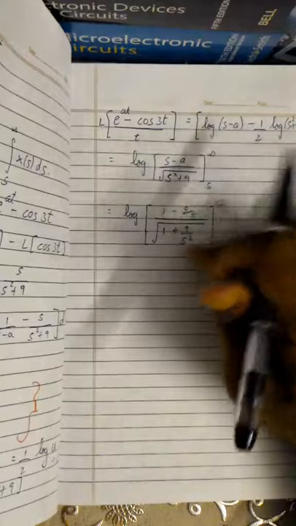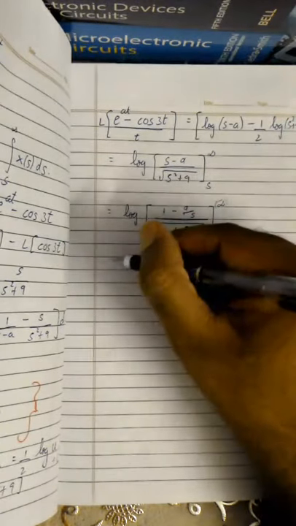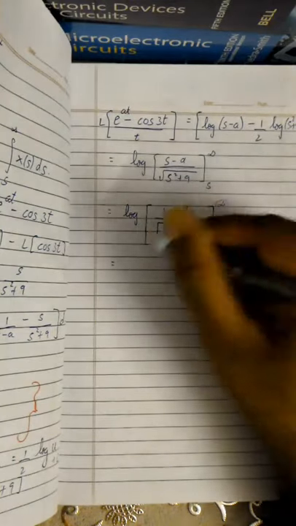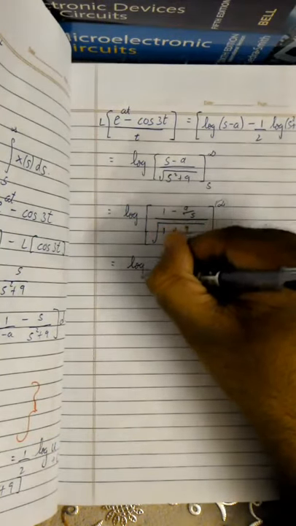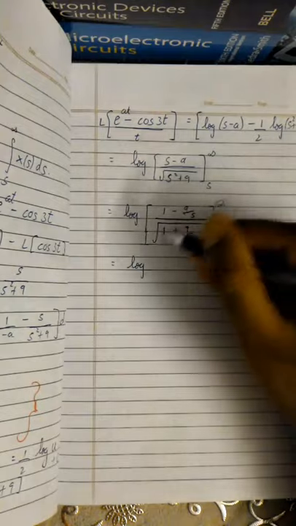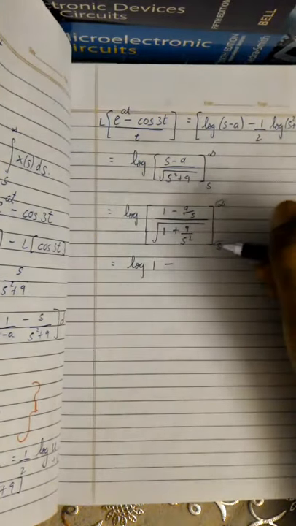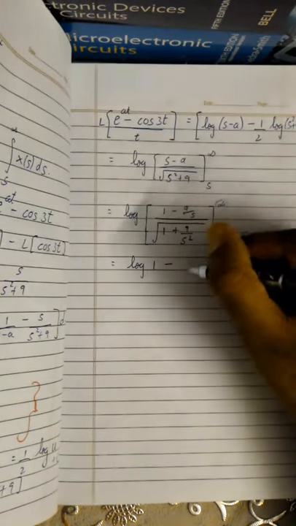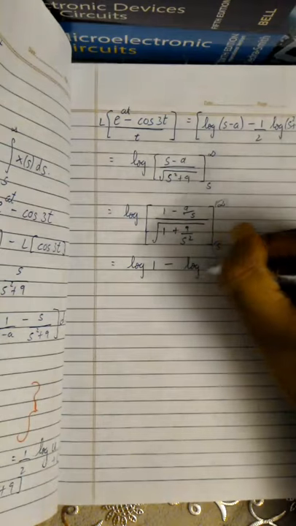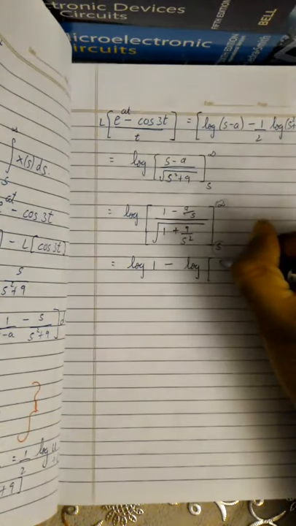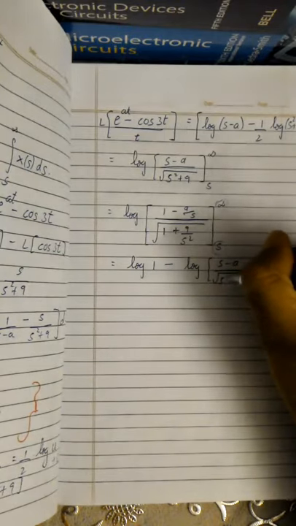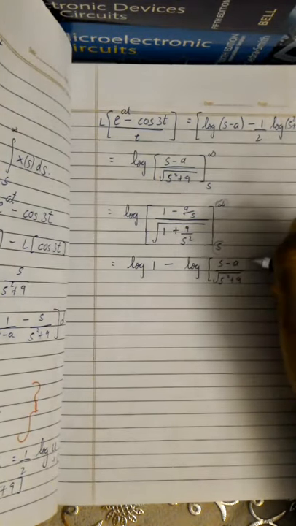So in other words, when I'm substituting infinity in this equation, I will get log of 1 minus 0 over root of 1 plus 0, which is nothing but log 1. Minus, now if I substitute s over here, I will get the same thing, that will be log of s minus a by root of s square plus 9.